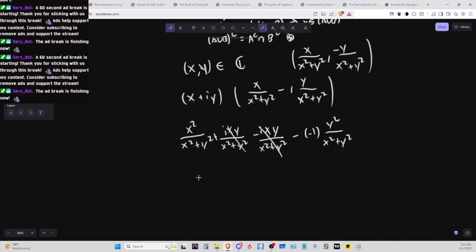These two will cancel out, leaving us with minus, well, actually plus. That leaves us with nothing but real numbers at that point.